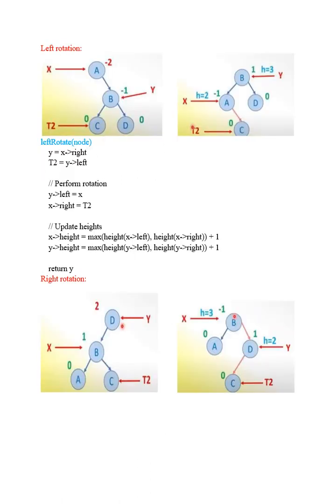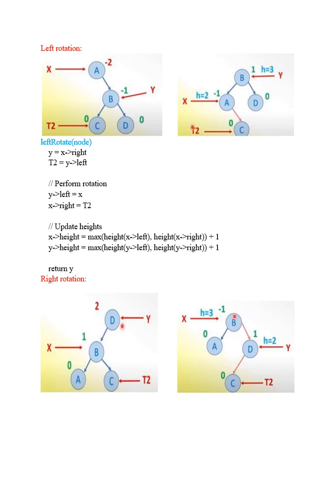So this is the pseudocode for a left rotation. Look at this example. It is a left rotation. So first y is equal to x of right, so y is nothing but x of right, and t2 is y of left.